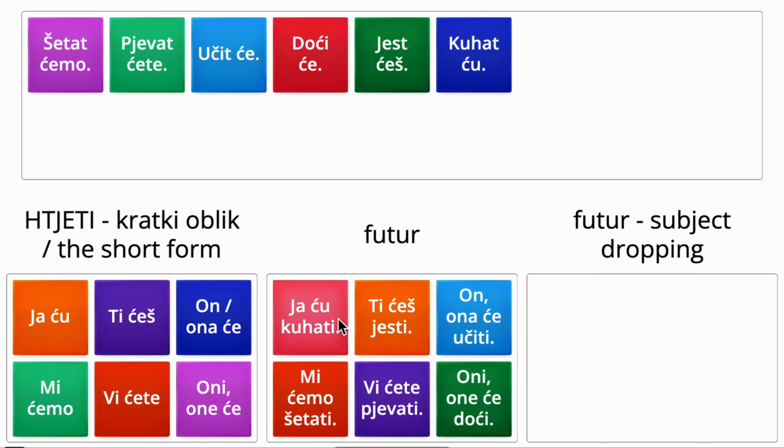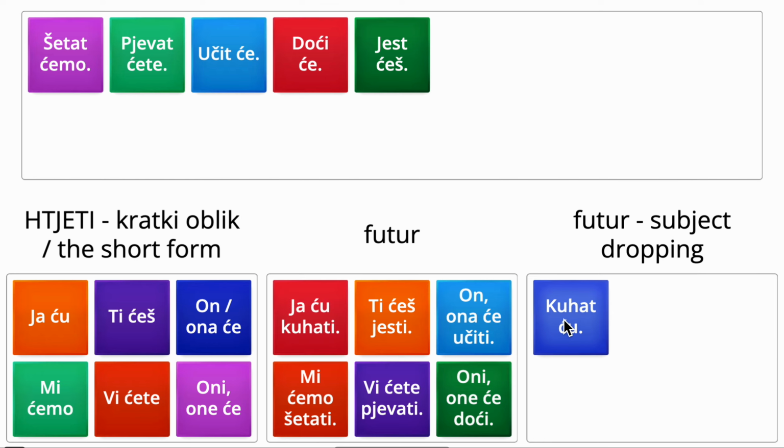Also, we would drop I from the main verb if the verb ends in T. So ja ću kuhati, we would say, starting with the main verb, dropping I from kuhati, and then ću.